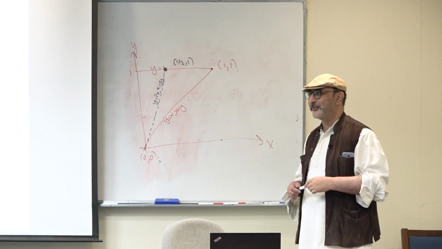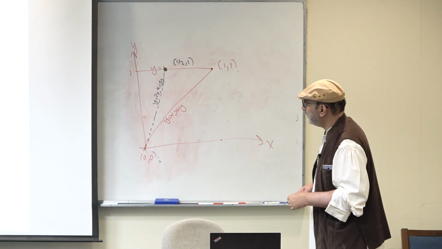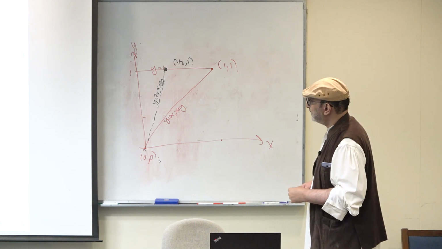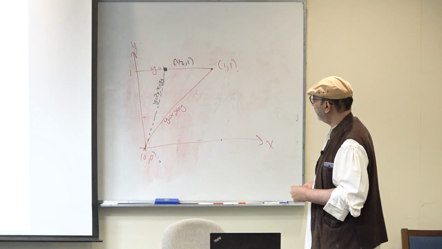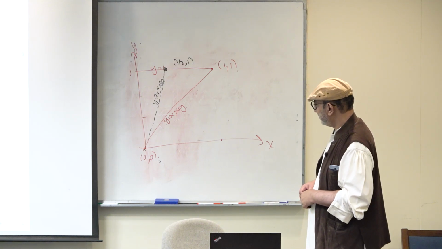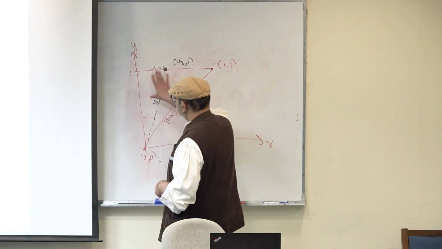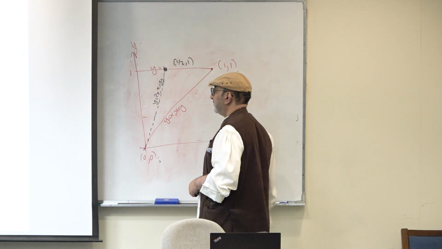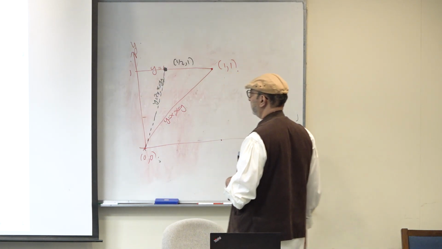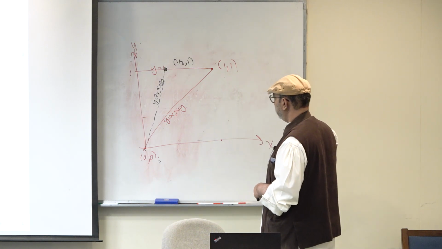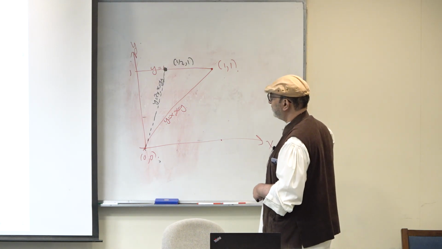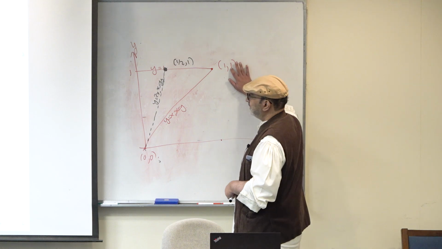Okay, so we want, what's the probability that y is less than or equal to 2x? Is that over here, or is it over here? Well, let's see. Is the point 1, 1 there? Y is less than or equal to 2?